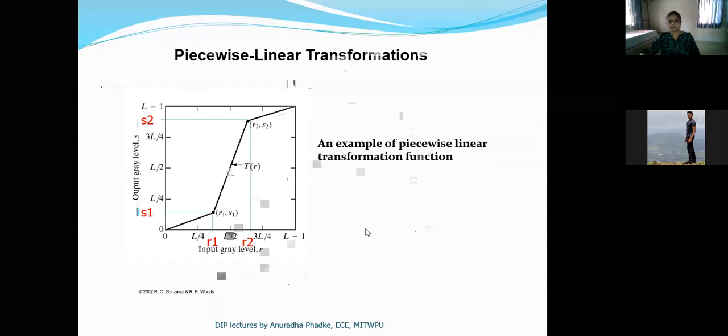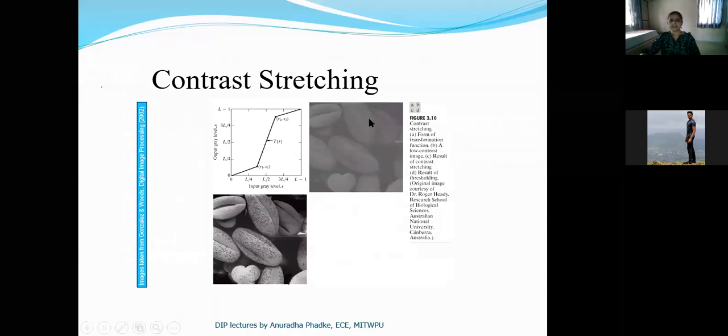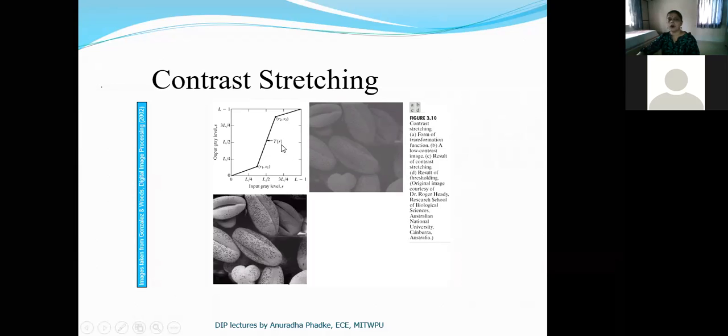So this is the original image. When we apply this contrast stretching curve as shown here on this image, we are applying it pixel by pixel. We read the very first value of the pixel, that is R. We check whether this pixel value is less than R1, or between R1 and R2, or greater than R2.